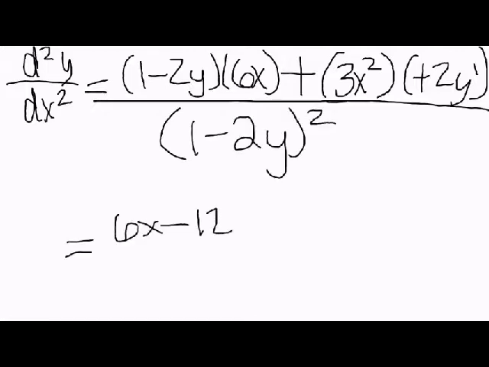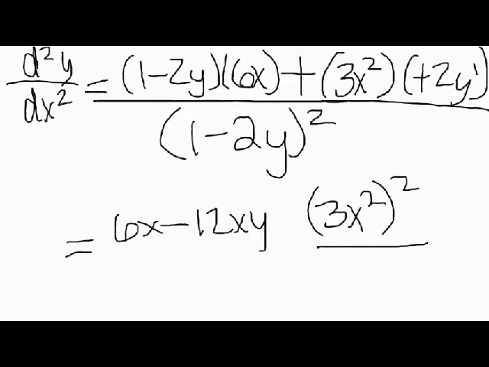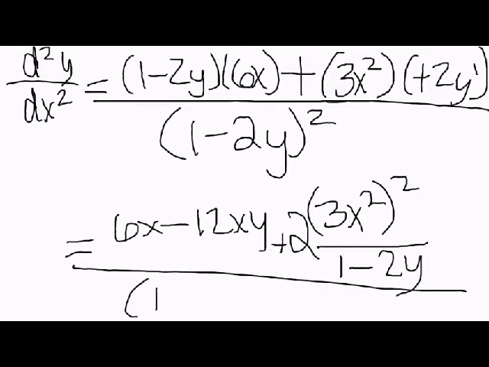So we use the distributive property to get 6x minus 12xy plus, and then since we have the 3x squared multiplied by 2y prime, we double the first derivative multiplied by 3x squared. So we have 6x minus 12xy plus 2 times the fraction of 3x squared, quantity squared, all over 1 minus 2y, and then that numerator is divided by the quantity of 1 minus 2y squared.